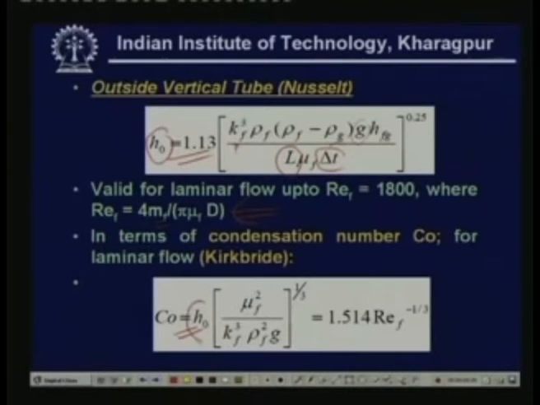Here h naught is the heat transfer coefficient obtained from Nusselt's expression, and again mu_f is the viscosity and rho_f is the density, g is the acceleration due to gravity, and k_f is the thermal conductivity. This entire quantity is known as condensation number. Condensation number is equated to Reynolds number Re_f. So condensation number is 1.514 times Reynolds number to the power of minus 1 by 3. This is Kirkbride's correlation.